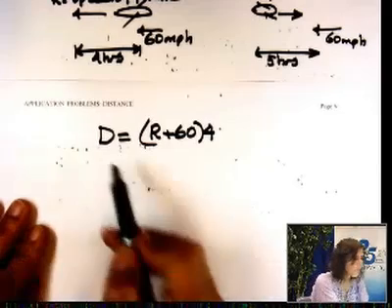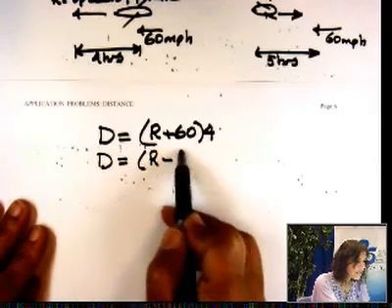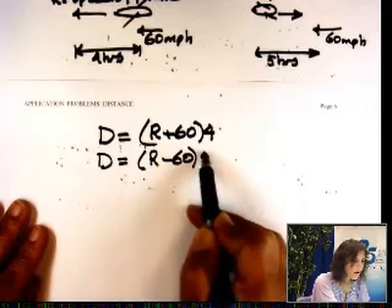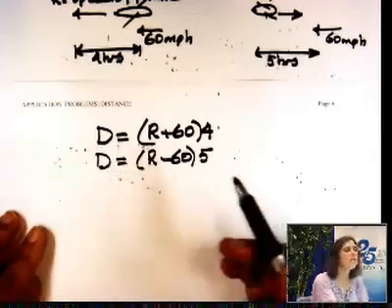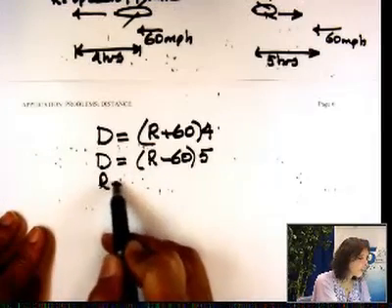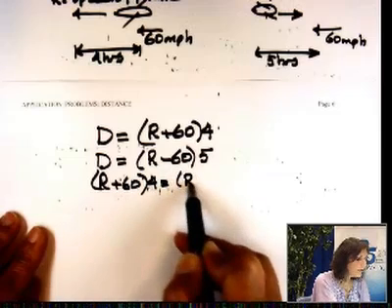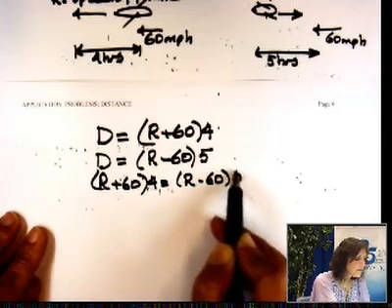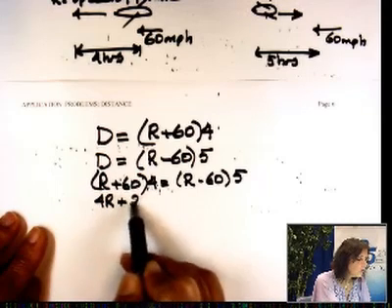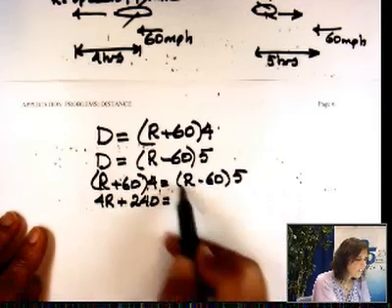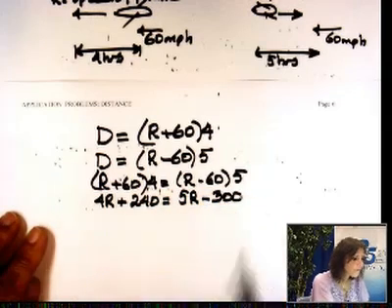Going against the wind, my distance is my rate minus 60, and it's taking me longer, 5 hours. How do I solve this system? Since they are the D's, do substitution. R plus 60 times 4 is R minus 60 times 5. Work it out: 4R plus 240 is 5R minus 300.